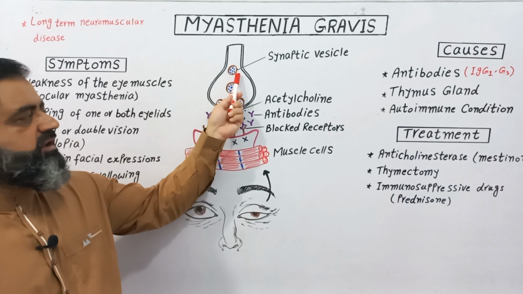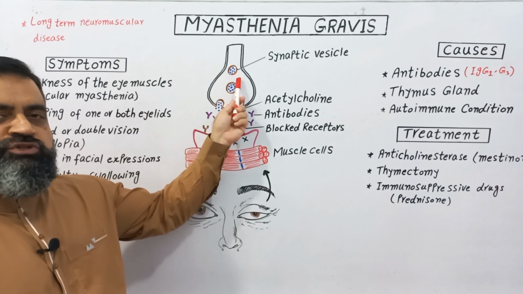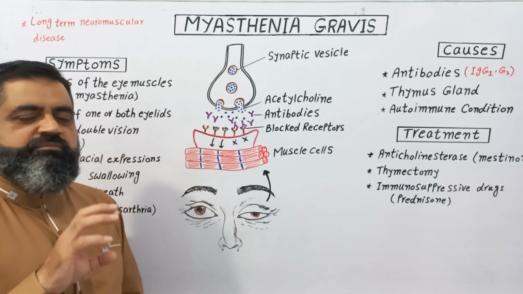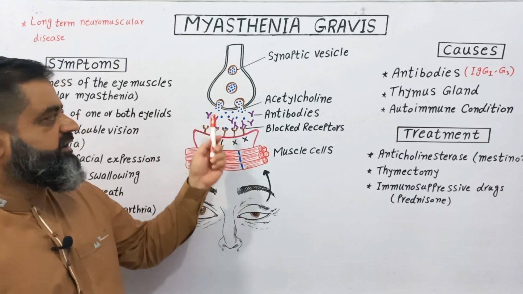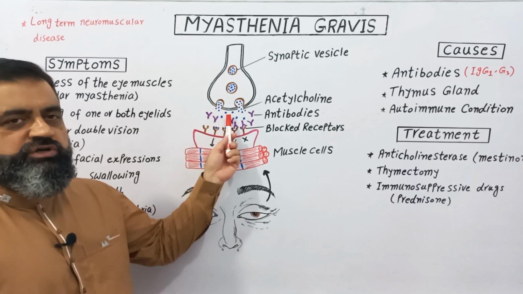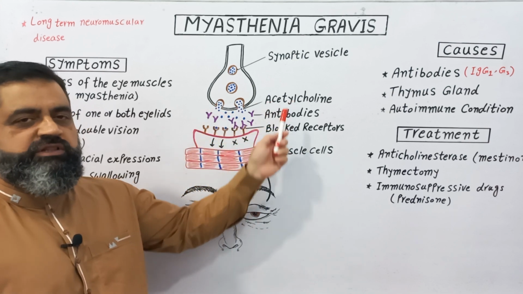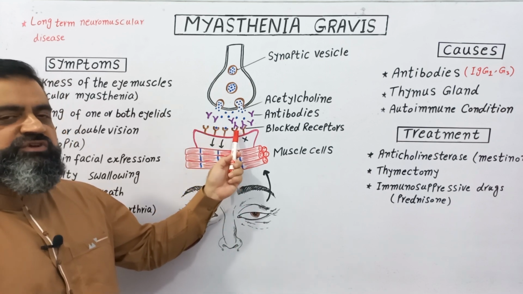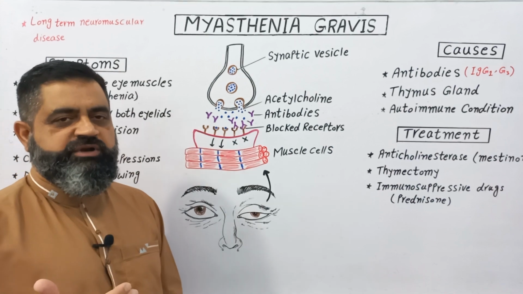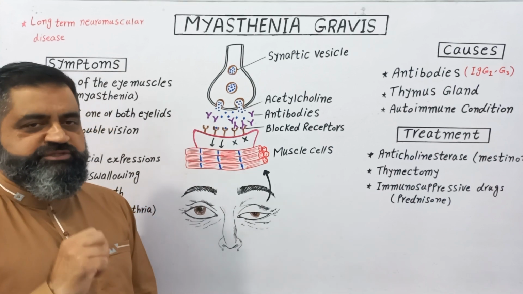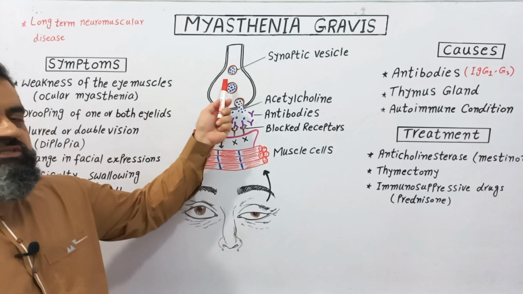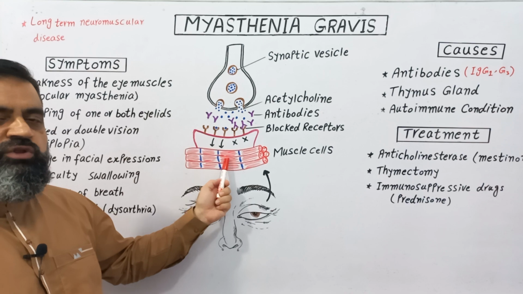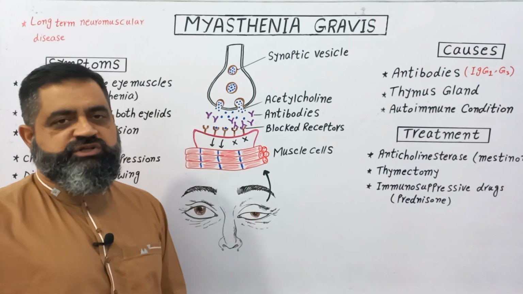When a nerve impulse reaches the terminal of a neuron, a synaptic vesicle attaches with the presynaptic membrane and releases the neurotransmitter acetylcholine. In the normal process, this neurotransmitter attaches with the receptors located on the postsynaptic membrane through the synapse. In this way, a nerve impulse passes from one neuron to the other and ultimately to the muscles, resulting in the contraction of the muscles.